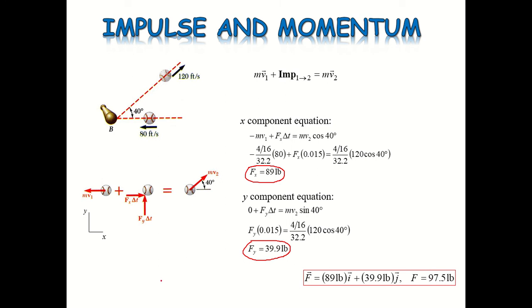You take the square root of the sum of the squares, meaning we have 89, squared, plus 39.9, also squared.